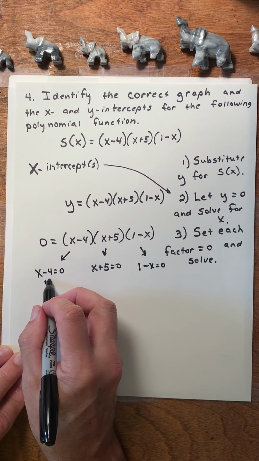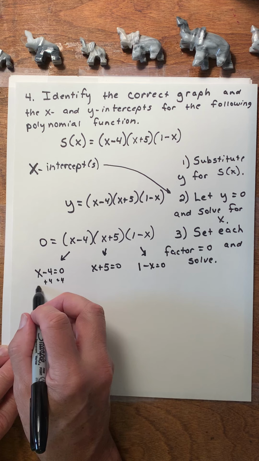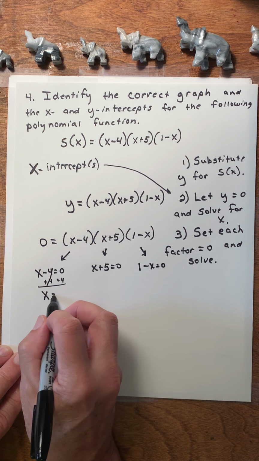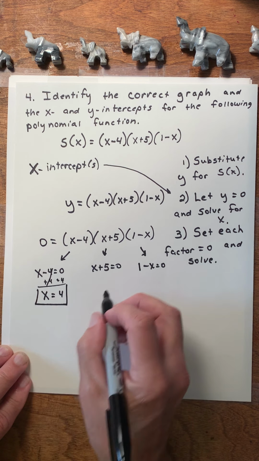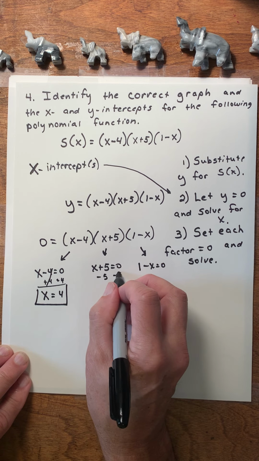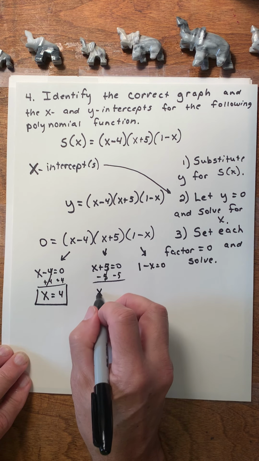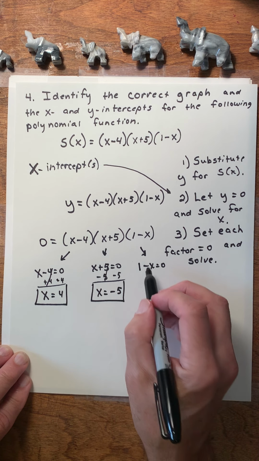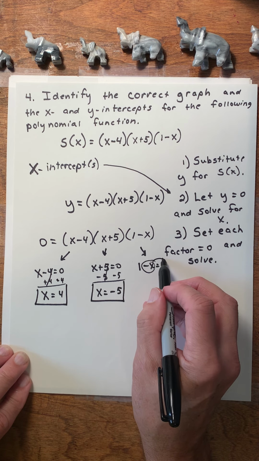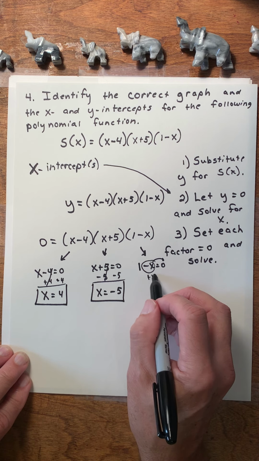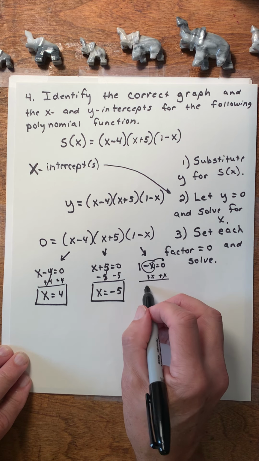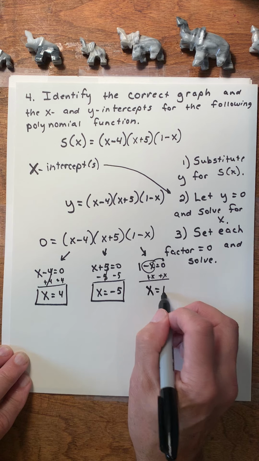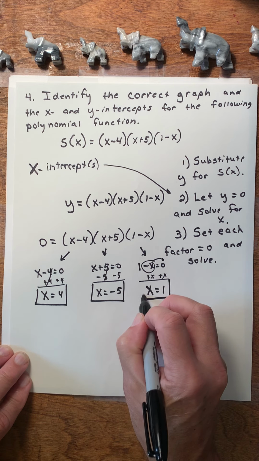So I'm going to add 4. That's easy. x is 4. I'm going to subtract 5. No problem. x is negative 5. And I'm going to move this x to the other side. Add x to both sides. It says 1 equals x, but that's the same as x equals 1.